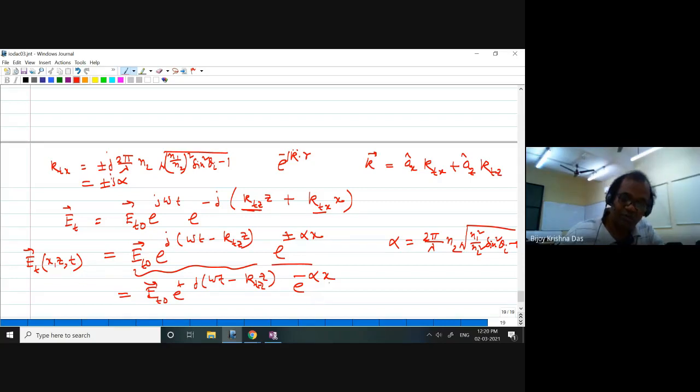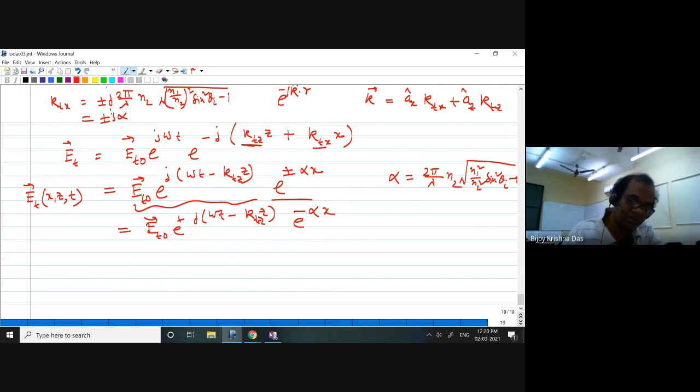So if I try to see what that value is, if alpha is the decay constant along x direction, I define the penetration depth as the depth where the field strength along x direction comes down to 1 by e. That is nothing but 1 by alpha. So penetration depth delta equal to 1 over alpha.